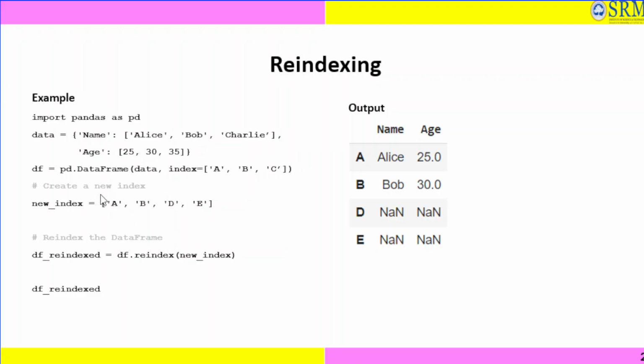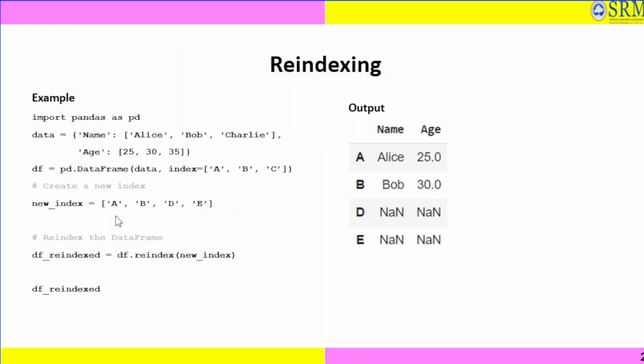Now we have a new index ABDE, and ABC was the earlier one. So now we are going to reindex it. In that case, we already have A and B, but we don't have C.